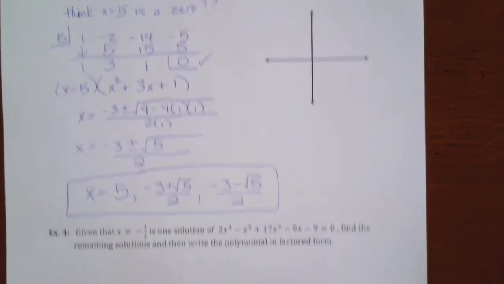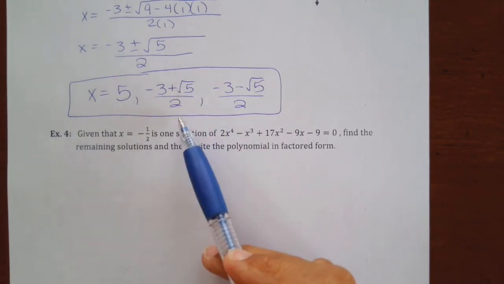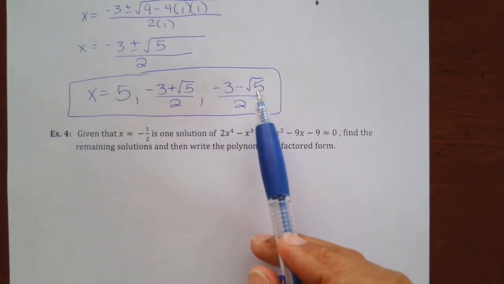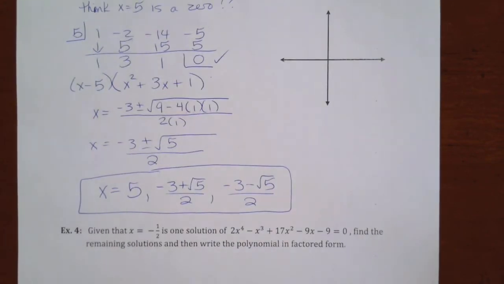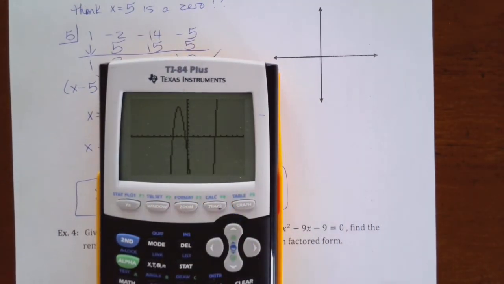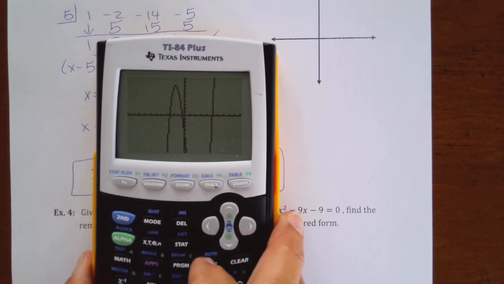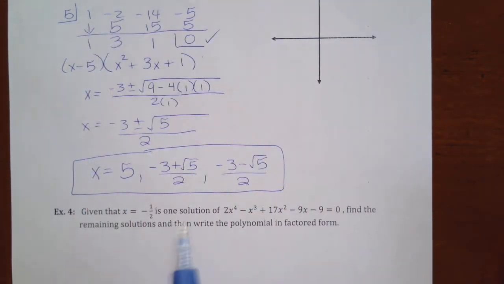If you put this in your calculator, you will get the same decimals as if you tried to find the roots using your calculator. So you could give the decimal answers, but if you're asked to write it in exact radical form, then you need that. Okay? All right.